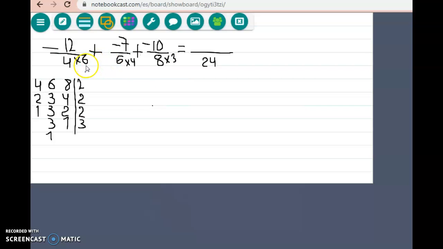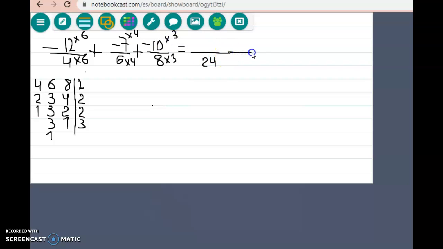Now, if we multiply the denominator times 6, we're going to do the same with the numerator, okay? So, times 6, times 4, and times 3.